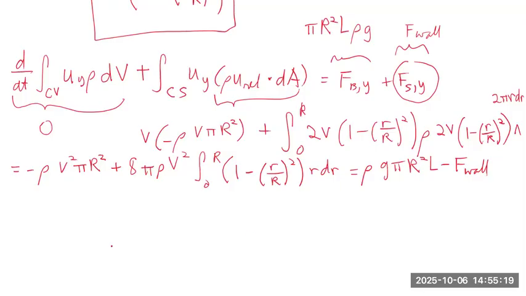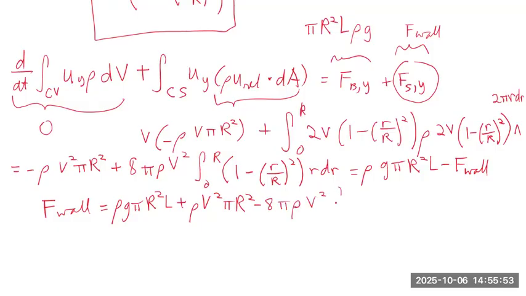So we can thus write F wall as equal to rho g pi r squared L plus rho v squared pi r squared minus 8 pi rho v squared times the integral from 0 to r of 1 minus r over R squared times r dr.